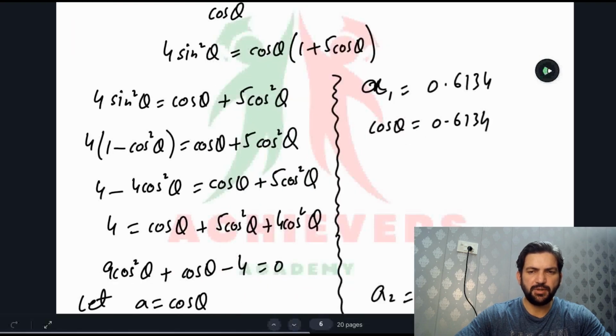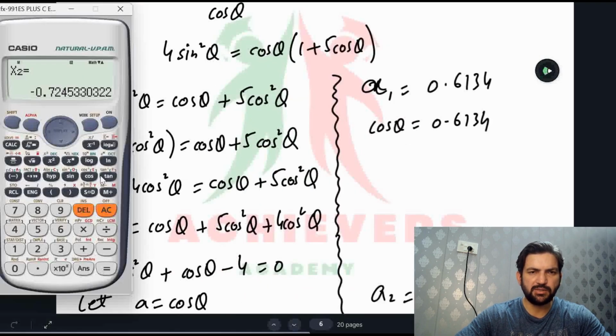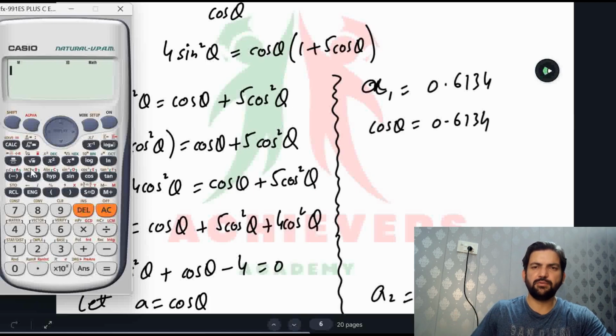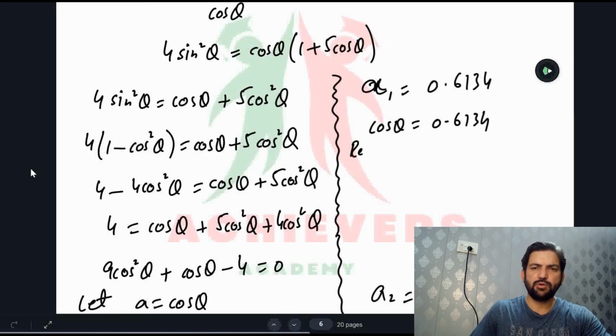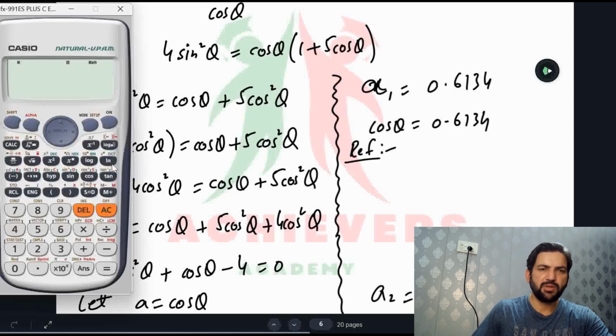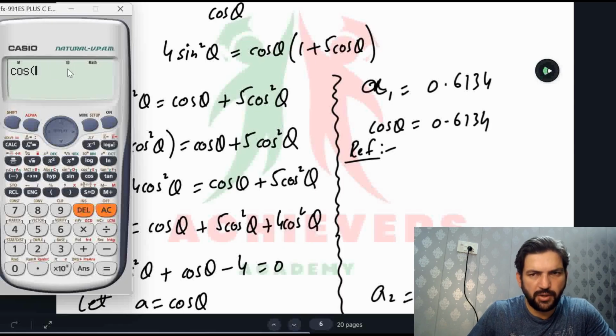First of all, be very careful that your calculator should be in the degree mode. Now first we will find the reference angle. So for the first case, shift cos inverse of, please make sure that your calculator is in the degree mode.